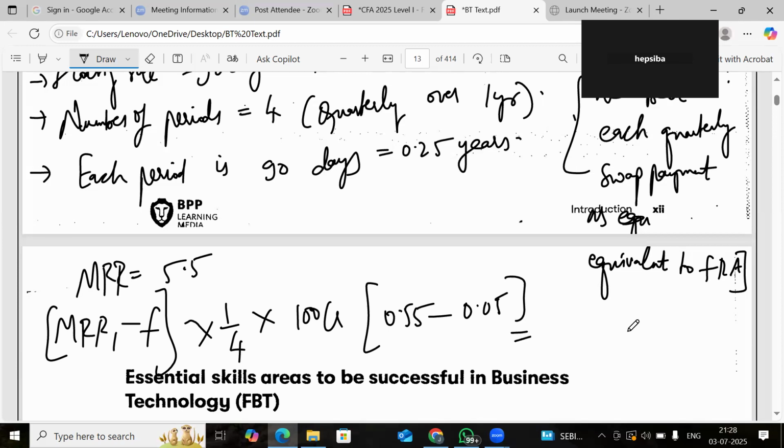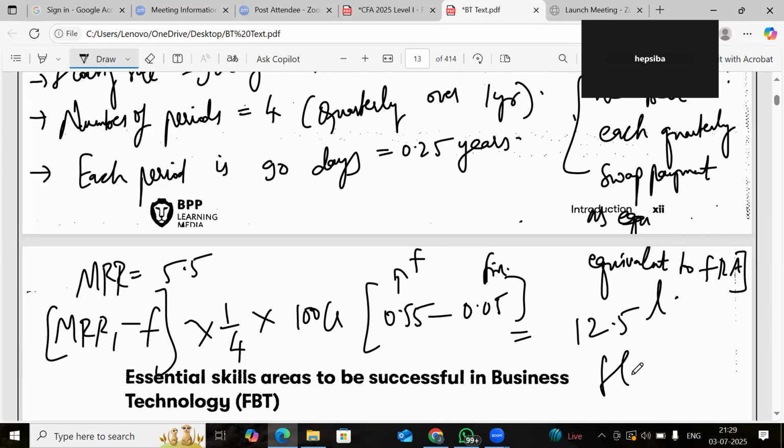What is it going to be? Here the floating rate is more than the fixed rate, so the floating rate payer is going to make the payment to the fixed rate payer. So fixed rate is going to receive more money. It is going to be 12.5 lakhs.